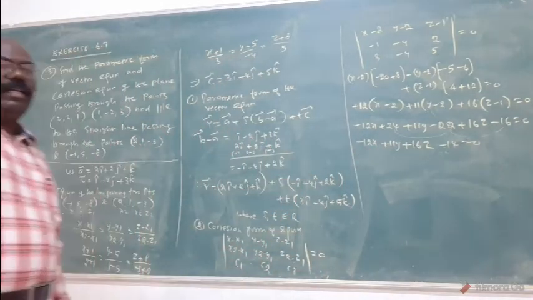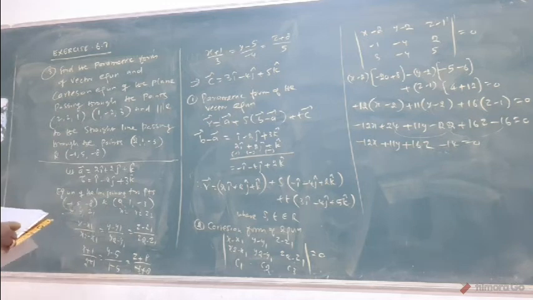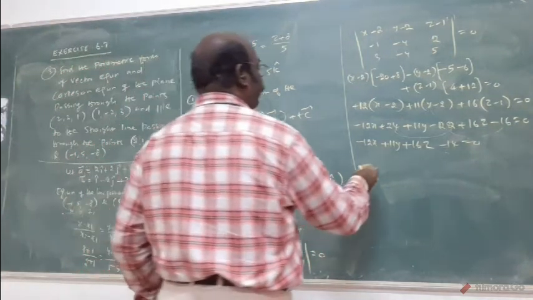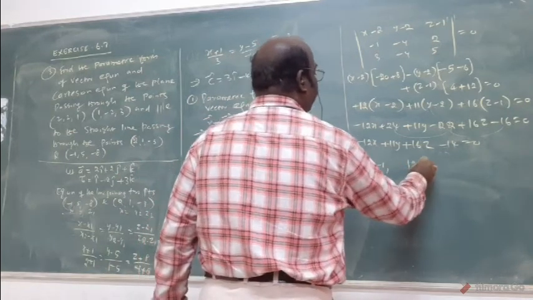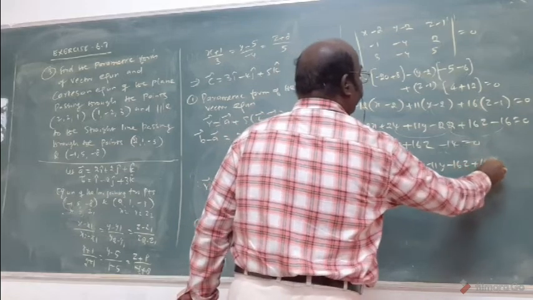Here all the numbers are different from one another, so there is no common factor. Change the sign only, multiply by minus 1: 4x minus 11y minus 16z plus 14 equal to 0.